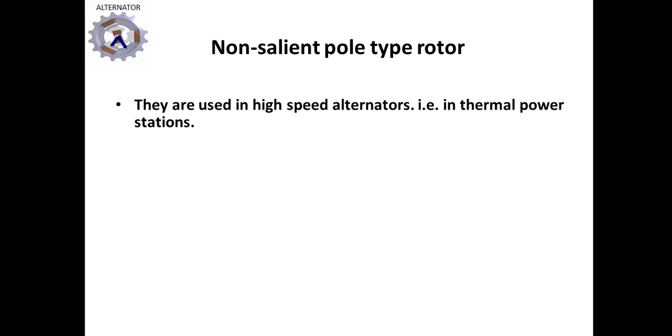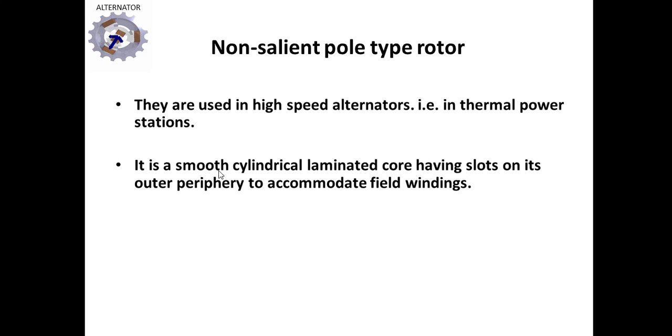Coming to the non-salient pole, that is the cylindrical pole type. They are used for thermal power plants as well as hydropower and nuclear power plants, which have high-speed alternators and turbo generators. The smooth cylindrical laminated core has slots on its outer periphery for the field winding.